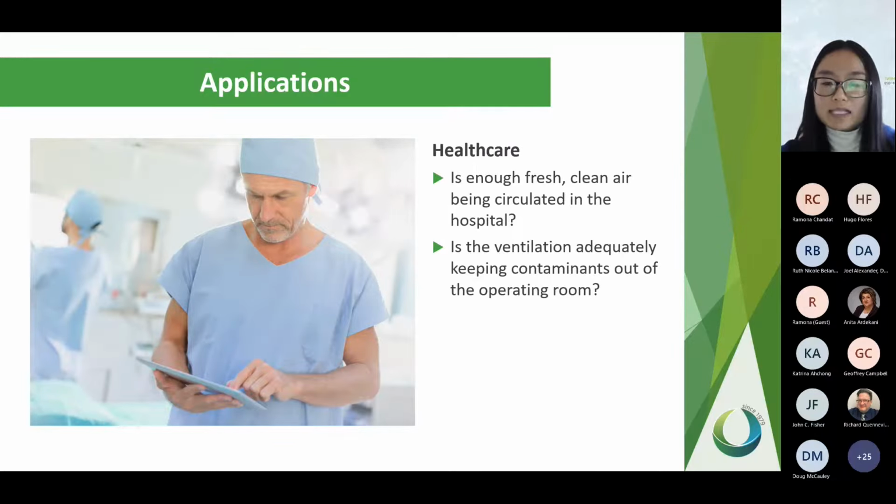So going through some examples, in healthcare, we may use tracer gas testing to answer the questions: is enough fresh, clean air being circulated in the hospital? Is the ventilation adequately keeping contaminants out of the operating room? And these 2 questions are really important for infection prevention and control, and to keep both patients and workers safe and healthy within a healthcare setting.